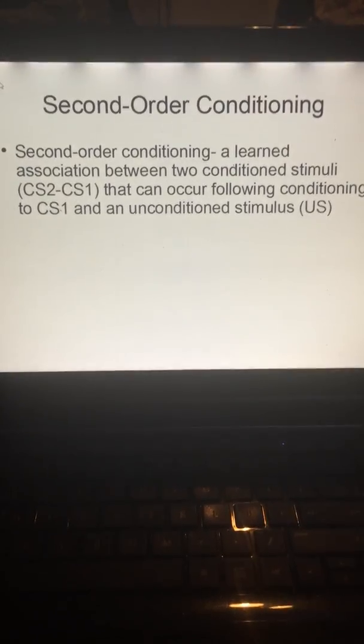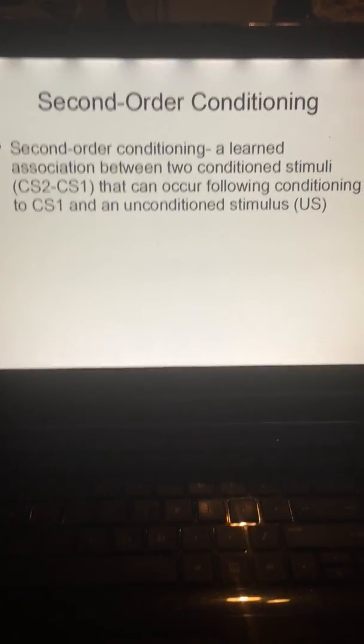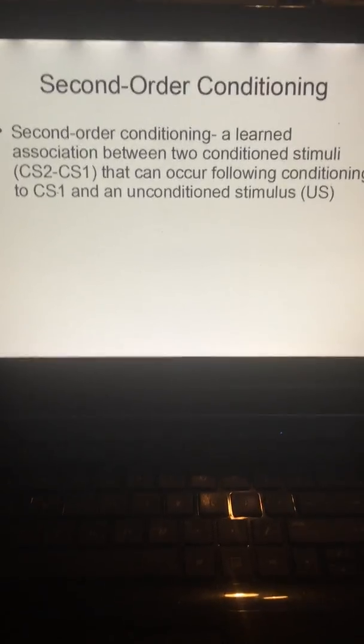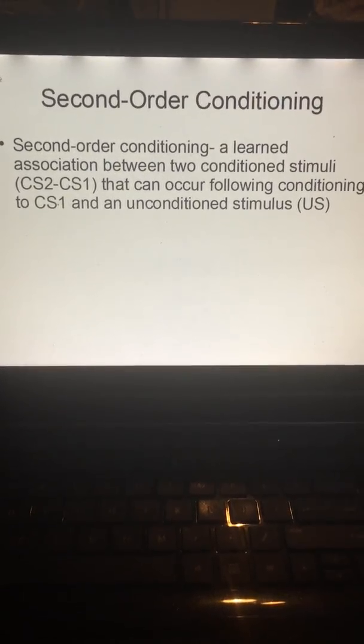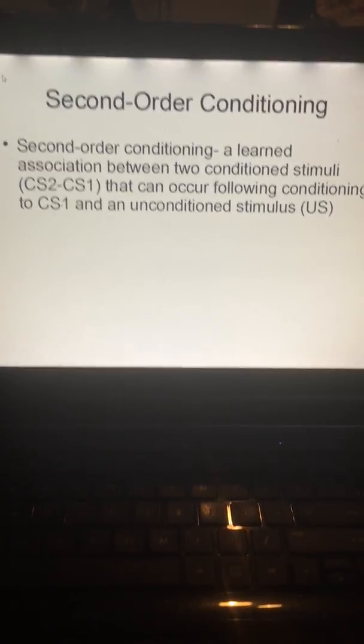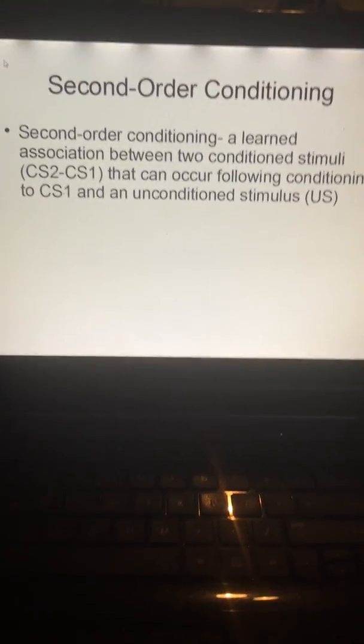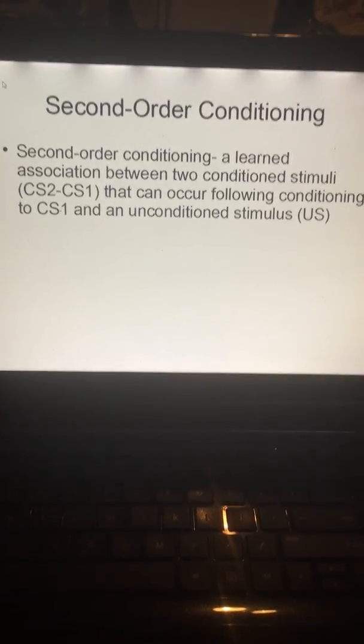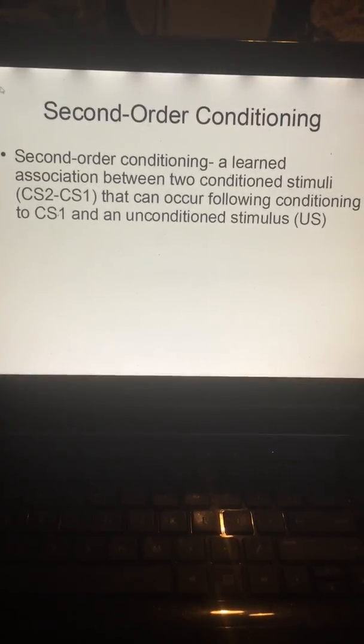Here's the case of second-order conditioning. This is a learned association between two conditioned stimuli that can occur following conditioning to conditioned stimulus 1 and the unconditioned stimulus. Let's say a rat freaks out when he hears a bell because it signals a shock.